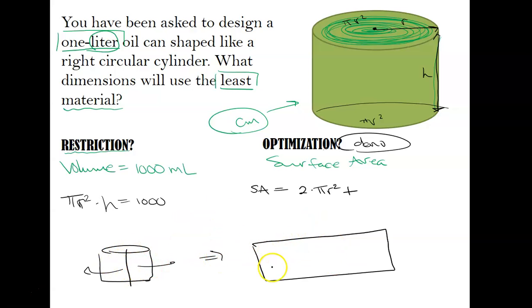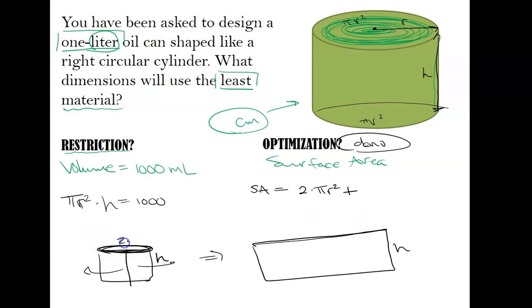So if I unroll my cylinder, the height of my cylinder is still going to translate over here. However, this distance, this length, is going to come from this distance here. Right? The distance around the outside of my can, when it gets unfolded, turns into the length of this long side here.